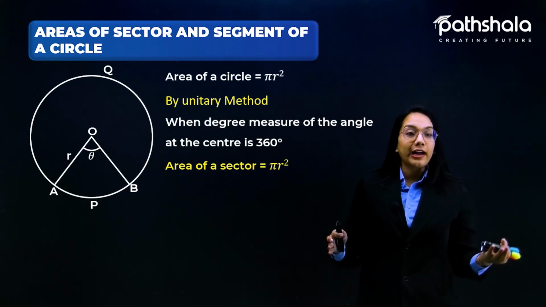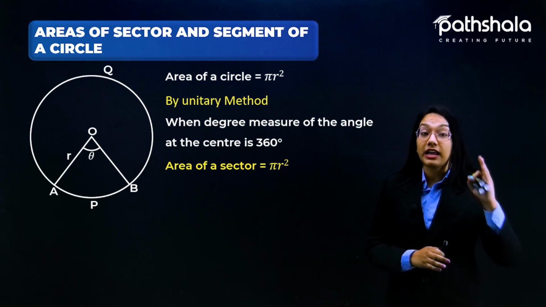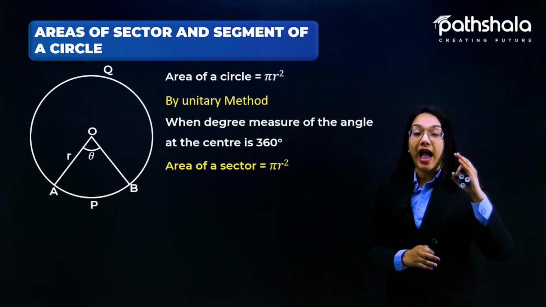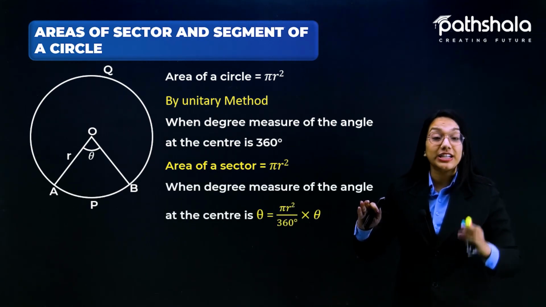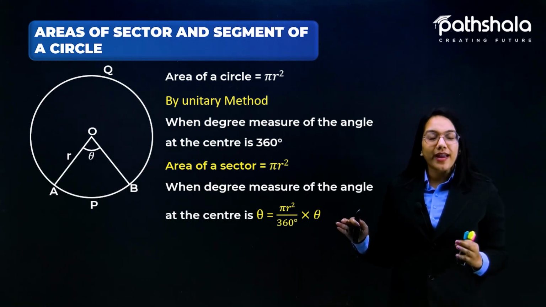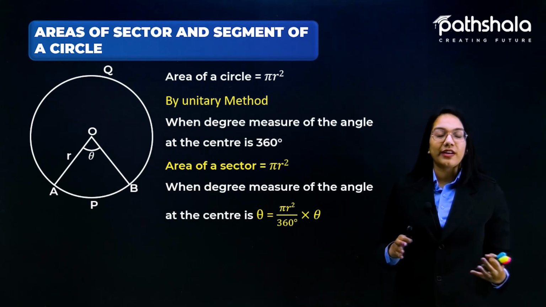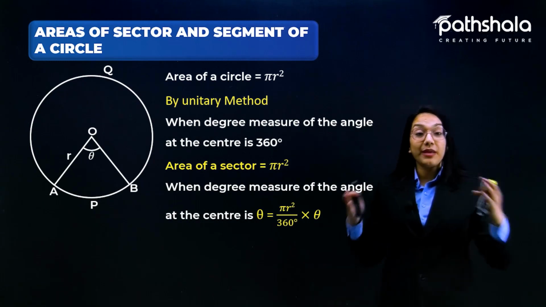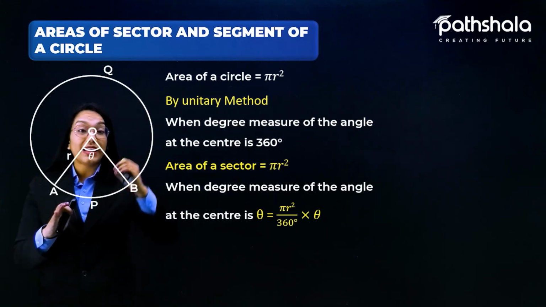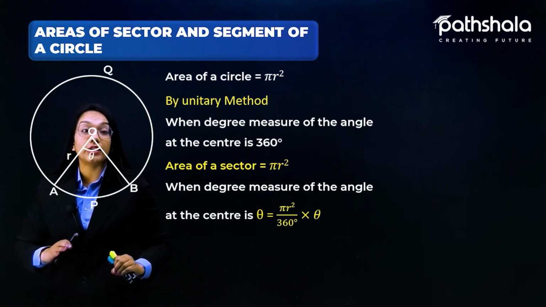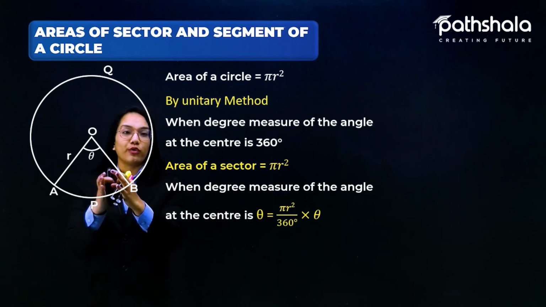But if we take the angle as theta, when the degree measure of the angle at the center is theta, then the area should be pi r square divided by 360 degrees into theta. By the unitary method, when the angle at the center was 360 degrees, the area of the sector was pi r square, but if the angle is theta, it would be pi r square divided by the whole angle, 360 degrees, into the theta angle that we have taken.